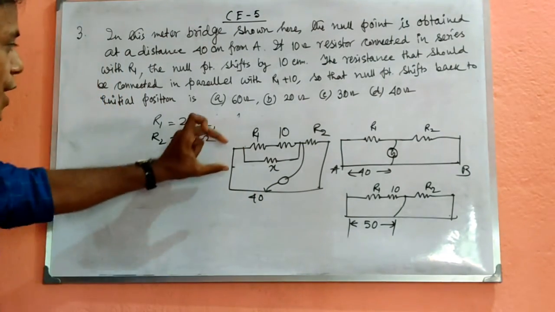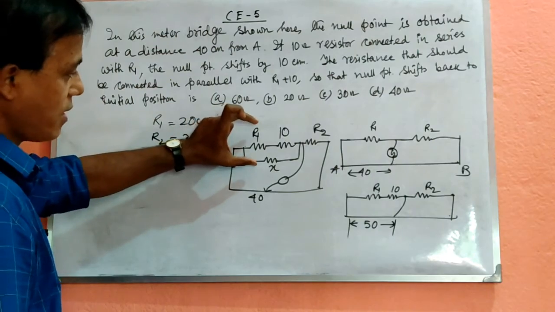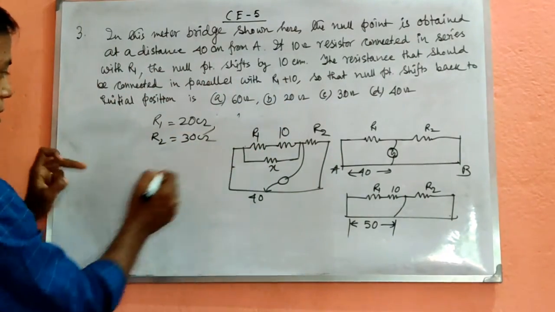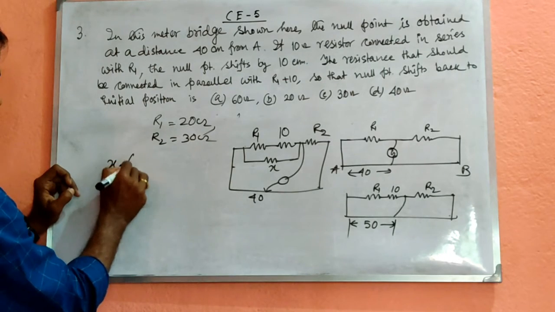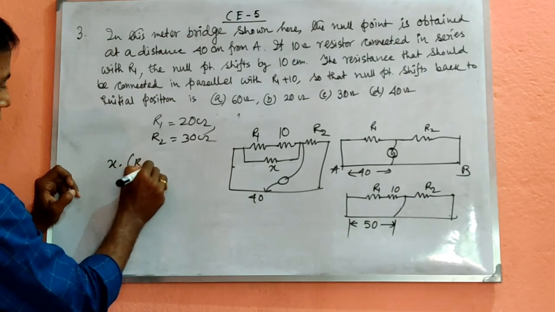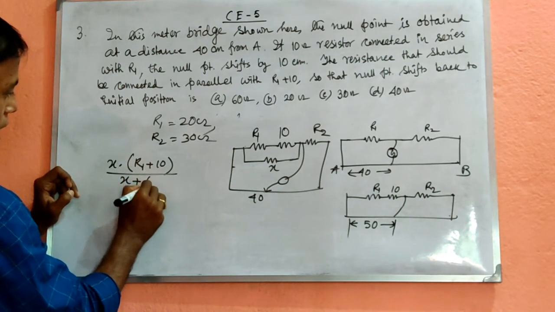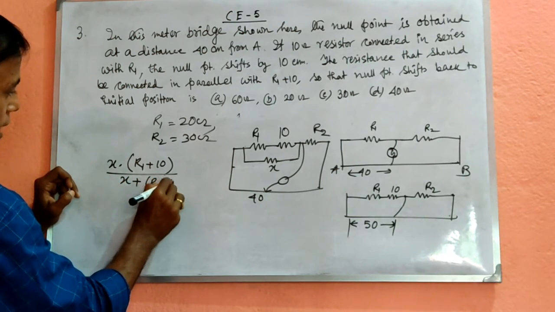So if we calculate the equivalent resistance of this part, it becomes X into R1 plus 10 by X plus R1 plus 10.